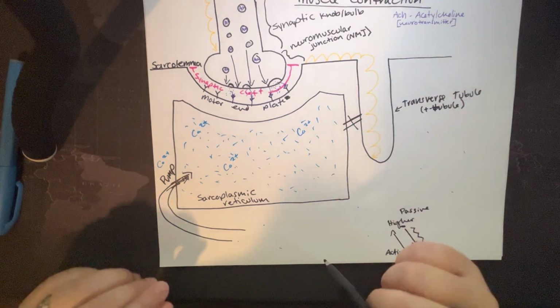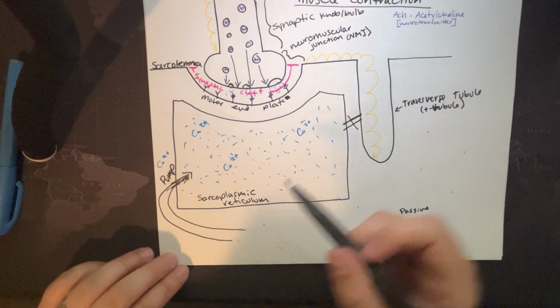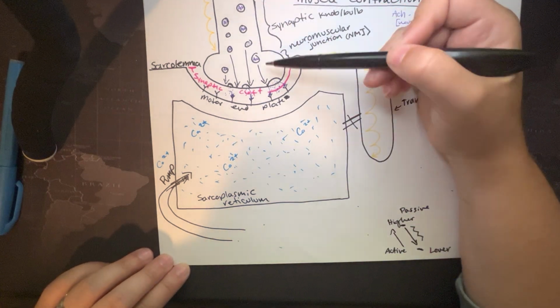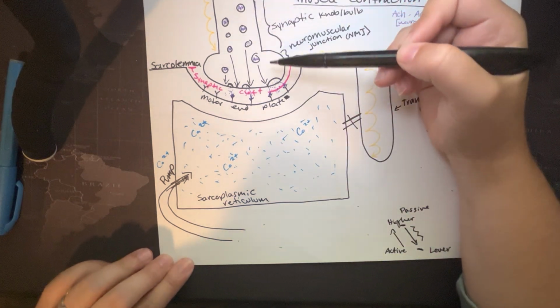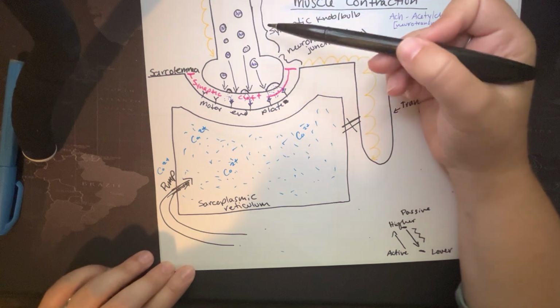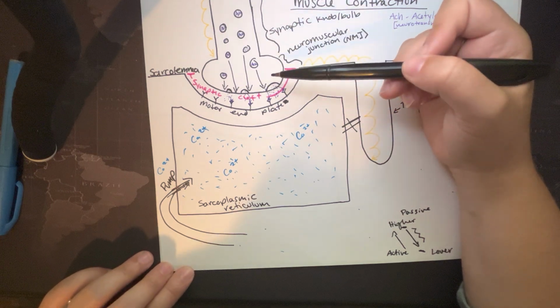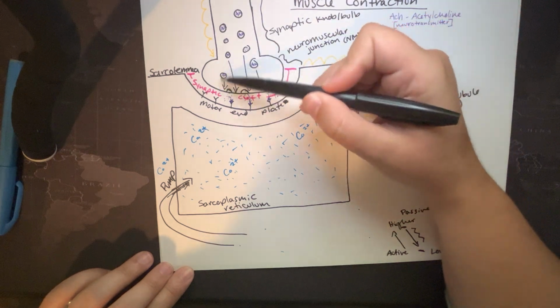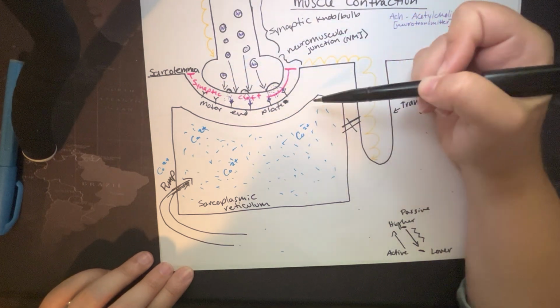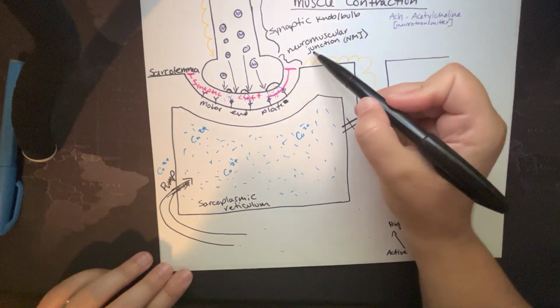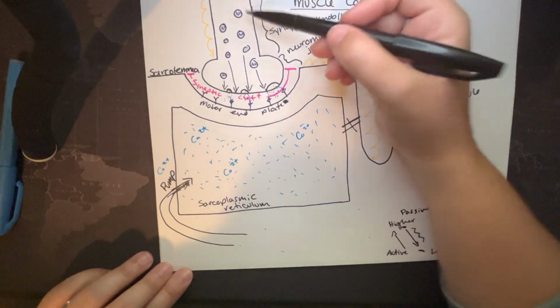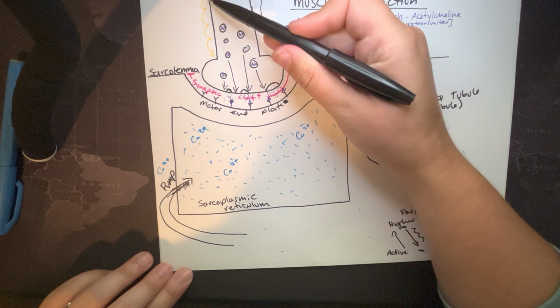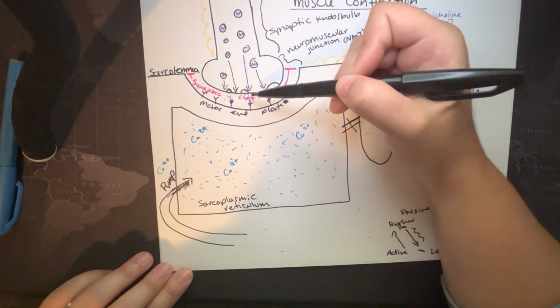So let's start back at the top. We have our neuron sending a signal of voluntary contraction to the skeletal muscle. Our neuron ends with the synaptic knob, or the synaptic bulb. It is going to join with the muscle cell via our neuromuscular junction, and it is going to have that signal be sent down to the end.